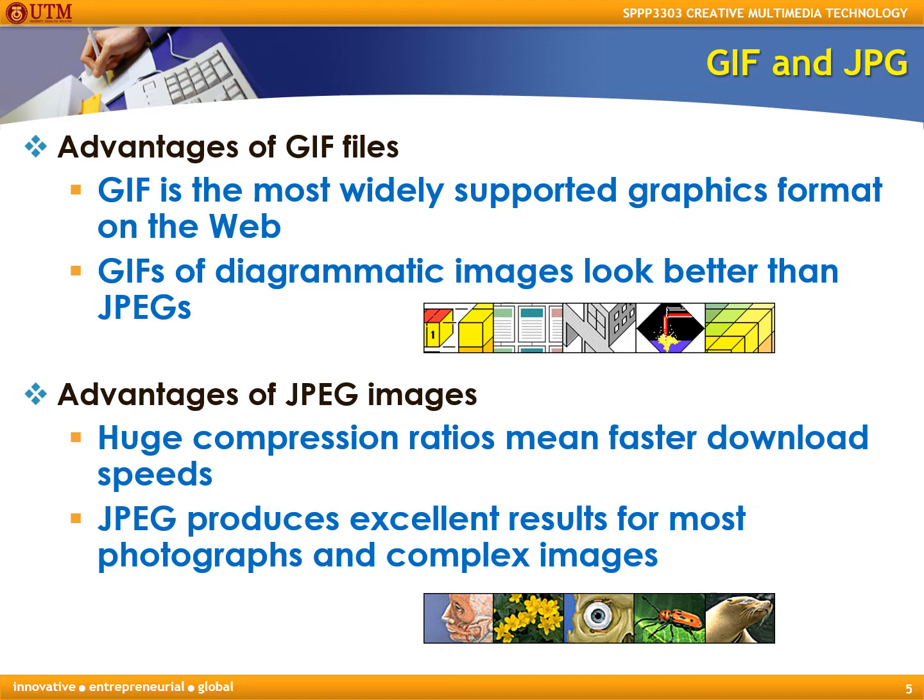While on the other hand, the advantages of JPEG: it has a huge compression ratio, faster download speeds, and it produces excellent results for most photographs and complex images. So when we talk about professional photography, when we talk about very good high quality images, this is what we mean by the JPEG format.